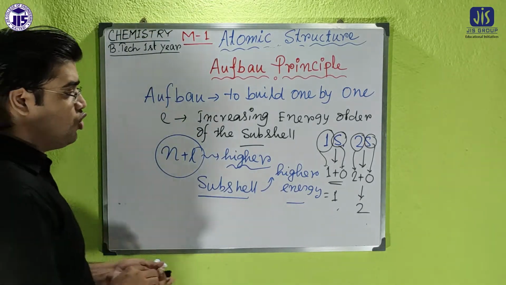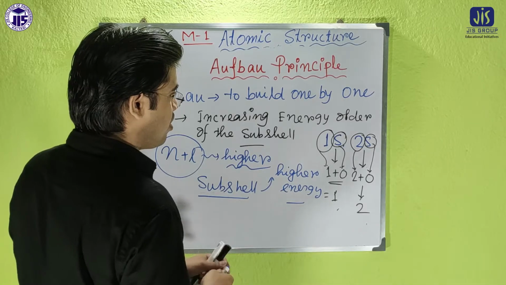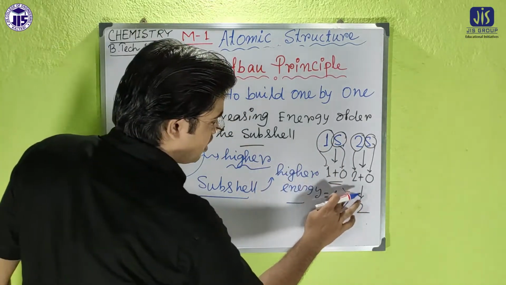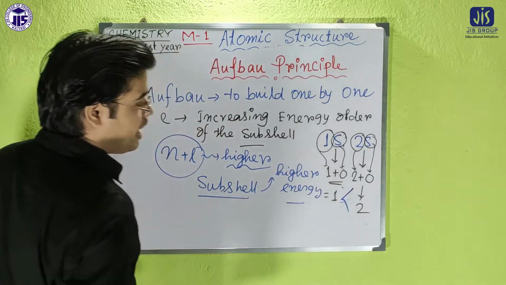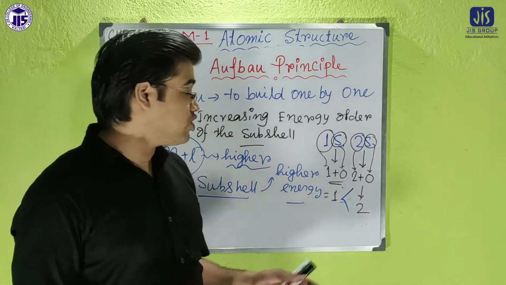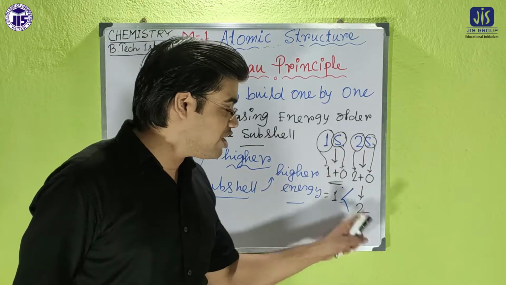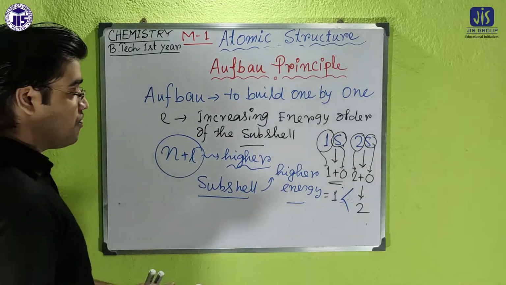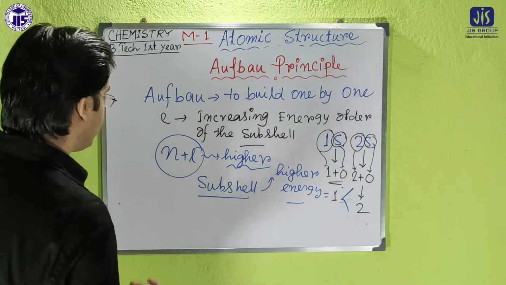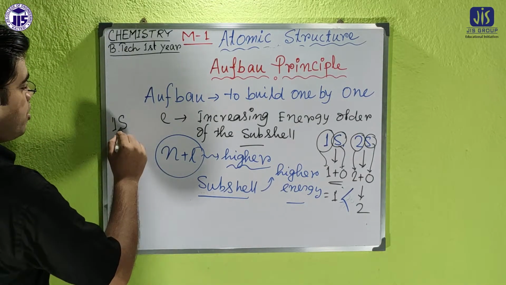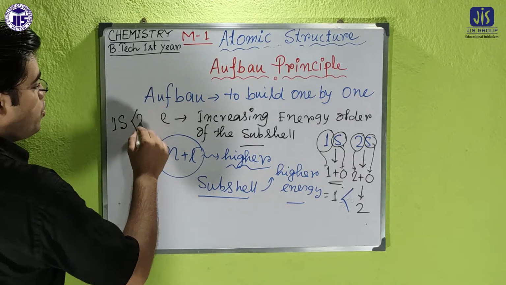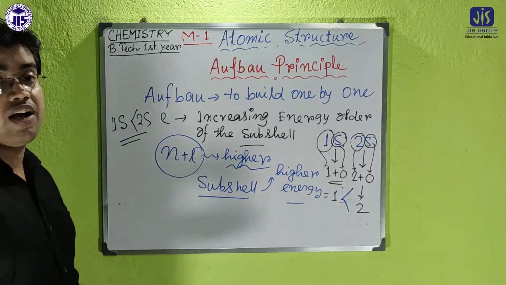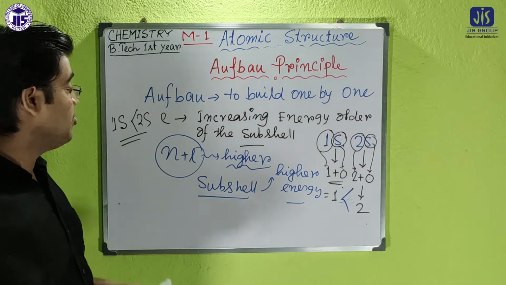So look here: 1s has lower energy than 2s, because its n plus L value is lower than that of 2s. Obviously, when you put the electrons, you have to follow that order. First there will be the 1s orbital, then it will be 2s.